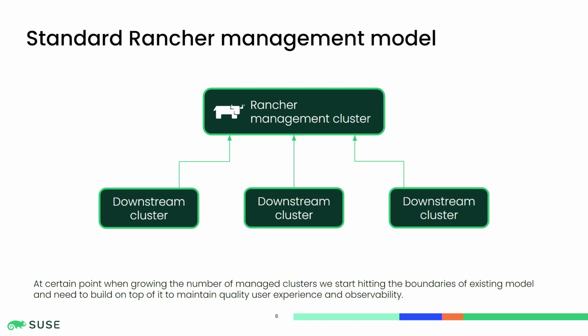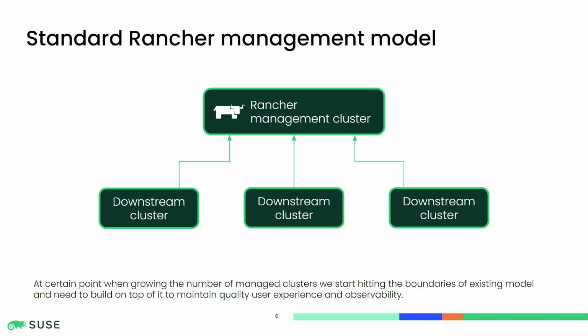So this is most likely what we all know, the standard Rancher management model, where we have a single Rancher management cluster, and this manages the downstream clusters. As we increase the scale and add more and more downstream clusters, we may start to hit some boundaries of this existing model, and we need to try to overcome that problem somehow.